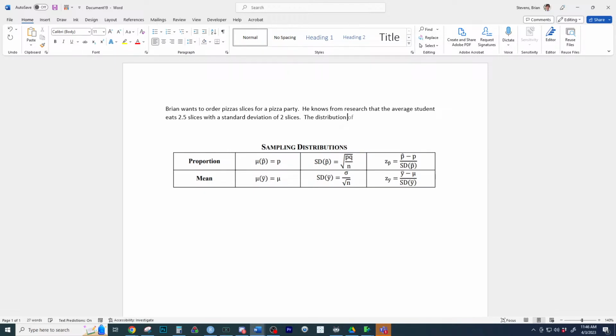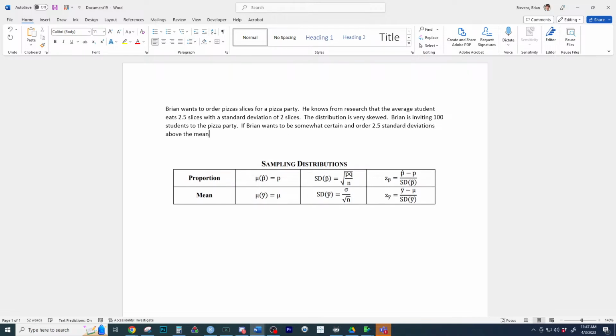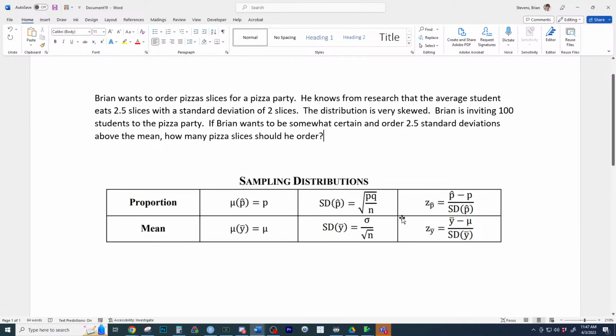The distribution is heavily skewed, or let's say very skewed. Brian is inviting 100 students to the pizza party. If Brian wants to be somewhat certain and order 2.5 standard deviations above the mean, how many pizza slices should he order? Okay, so I want to make a somewhat complex problem right here.